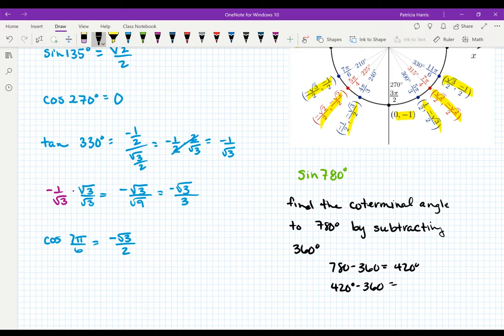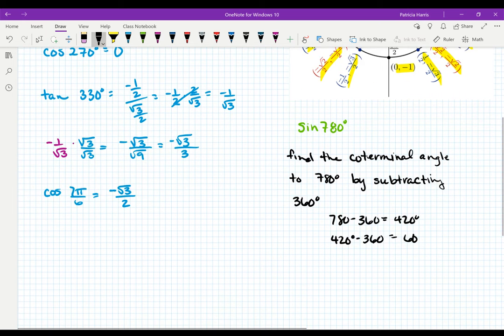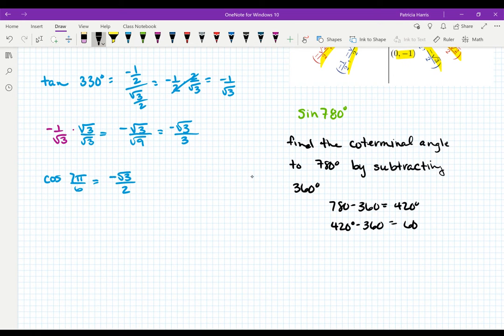All right, so now I'm at 60. So it turns out that the sine of 780 is equal to the sine of 60 degrees, which is radical 3 over 2.